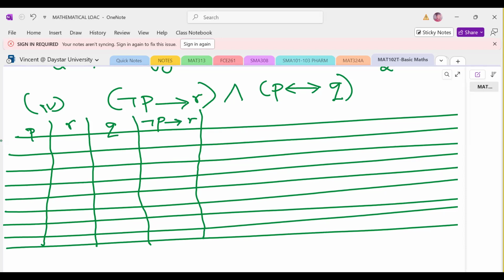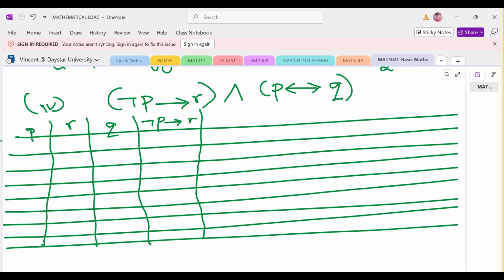Yes, I can hear you. So this first one is conditional, so just read it as implies. So you transform not P implies R. And then what will be the next column? So the right bracket, okay?